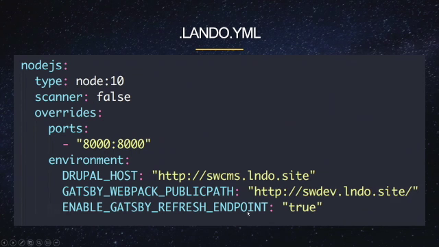And the Gatsby refresh endpoint, what that does is when you're using Drupal with Gatsby and you're using the Gatsby module, when you create a node or edit a node, for example, on the Drupal side, the Gatsby modules send a ping to your Gatsby server and tell it, hey, we need to refresh, something changed.